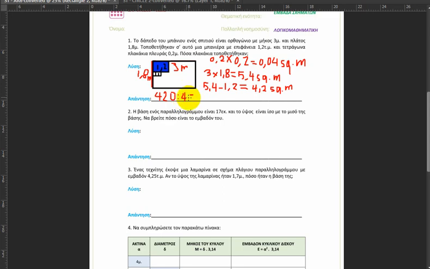And this is equal to, sorry, not 15, 105. We needed an overall of 105 tiles.